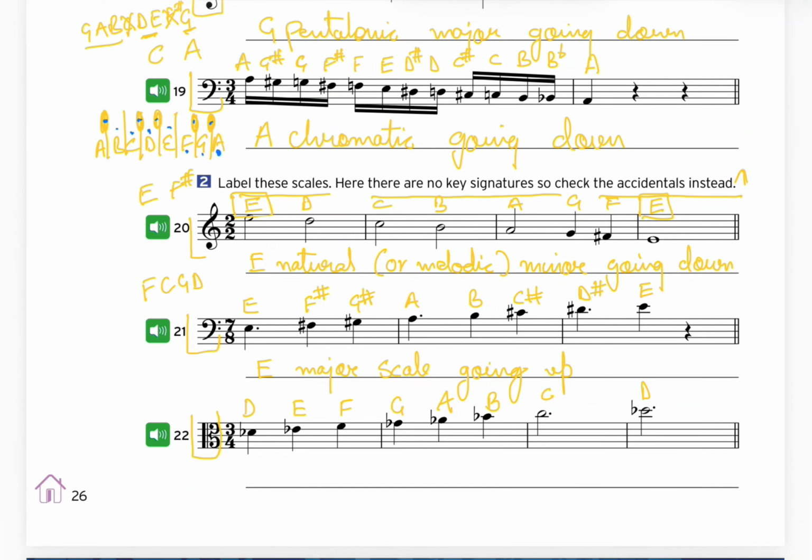Okay. Now let's check the accidentals. So we have D flat, we have E flat, we have G flat, we have A flat, and we have B flat, and D is again flat.